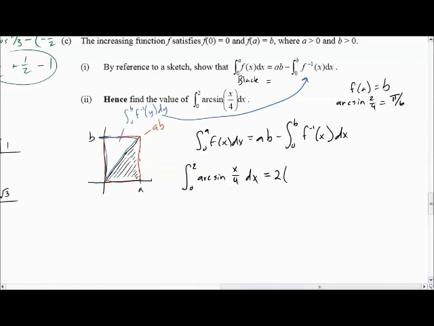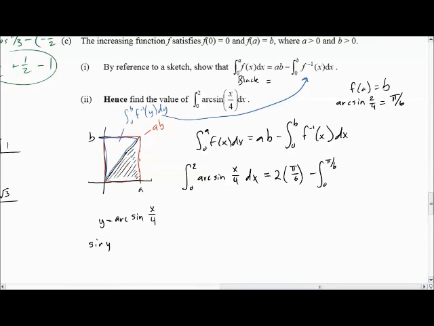Alright, and so now we've got b, which is pi over 6, so we go b, 2 times pi over 6, minus the integral from 0 to pi over 6 of f inverse. So what we're going to have to do is find the inverse. If y equals arc sine of x over 4, then I'm going to do sine first.